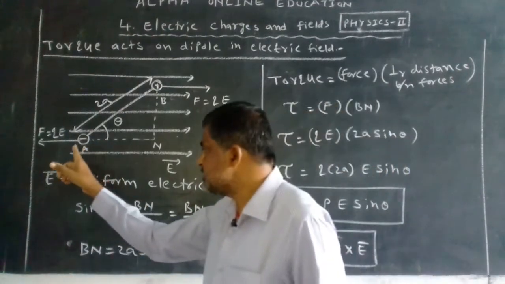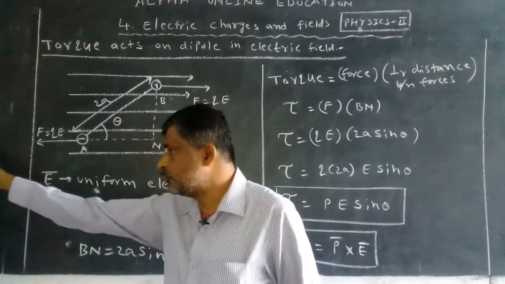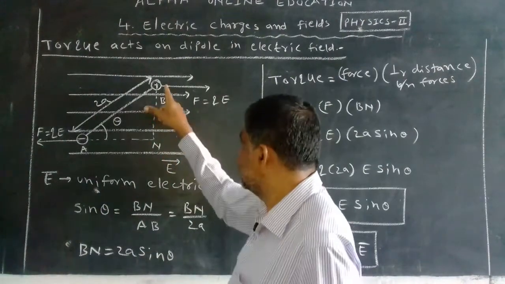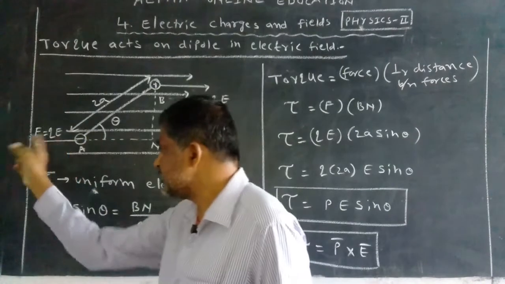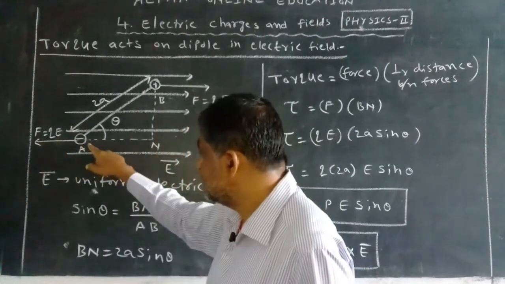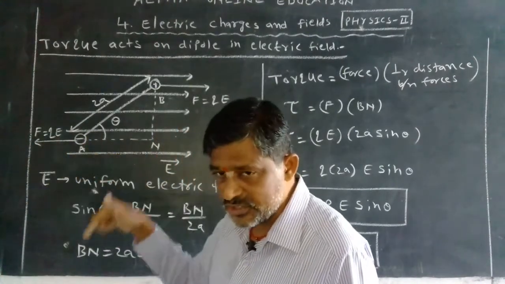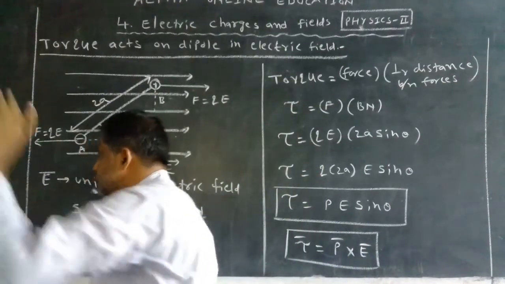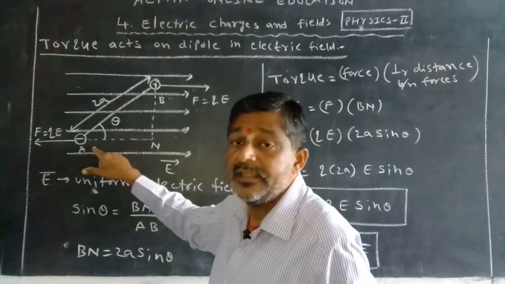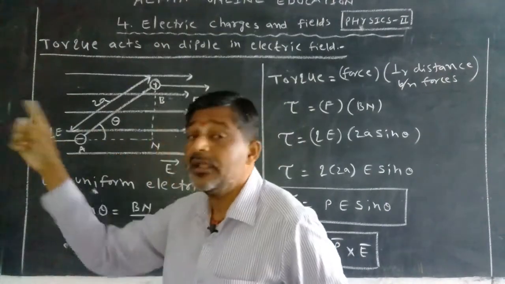Why? In this direction one force is experienced, and in this direction another force is experienced. Why is force experienced in this direction? It is a negative charge. Just now I said to you, here which charge may exist? Positive. But here which charge is there? Negative. In between them what happens?